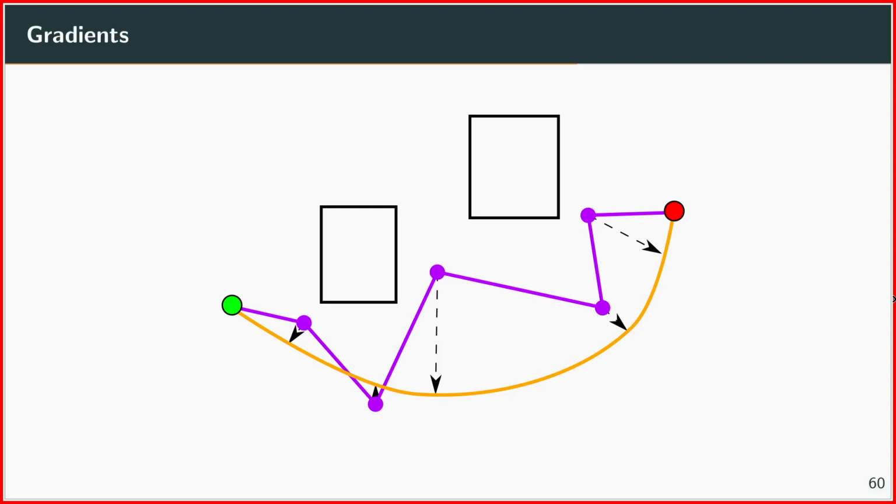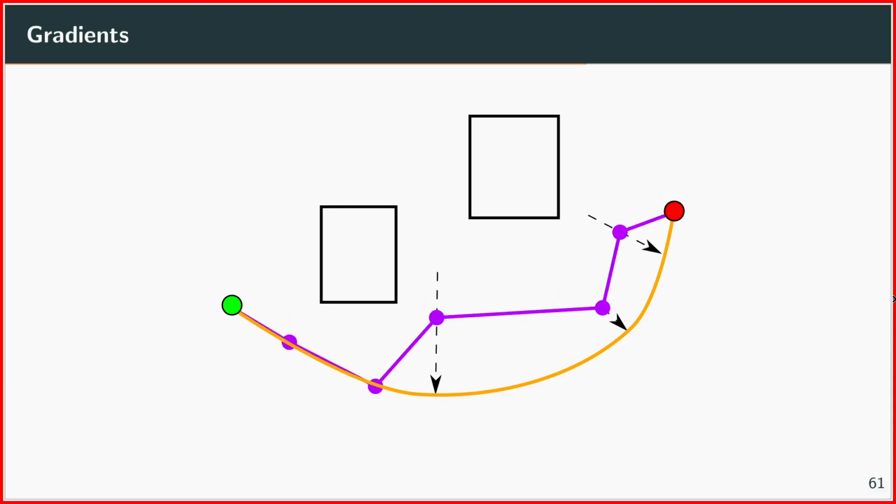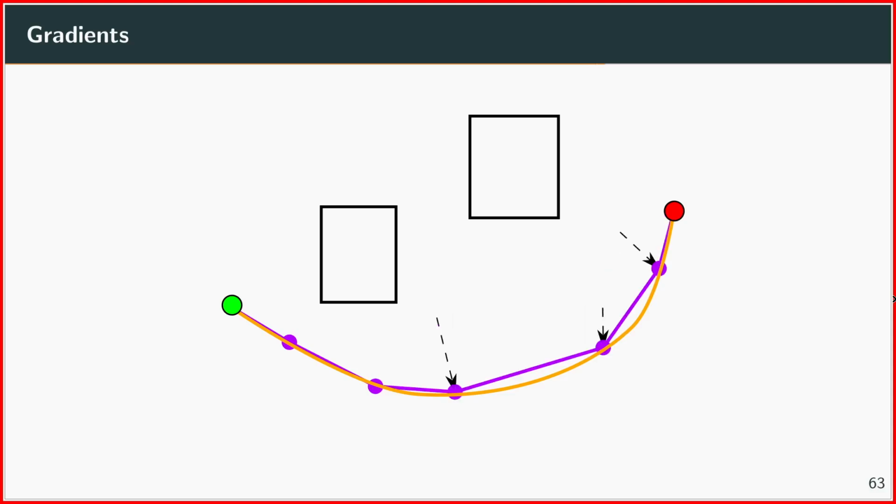So for example, those waypoints here, they are very close to an obstacle, so there might be a gradient which moves this waypoint further down, and there might be also an influence of smoothness and also an influence of path length. And then you have multiple iterations of gradient descent, and this basically moves the path for each iteration closer to an optimal path with respect to whatever cost function you defined as input.